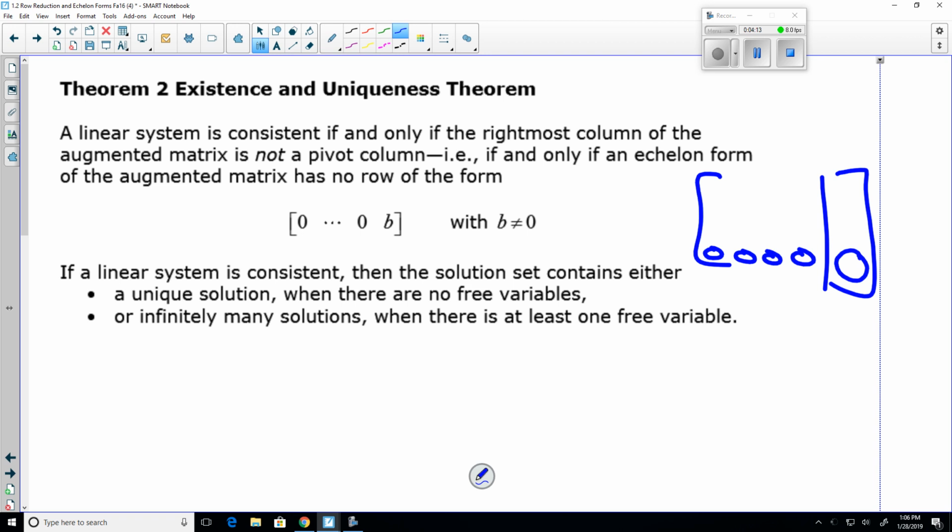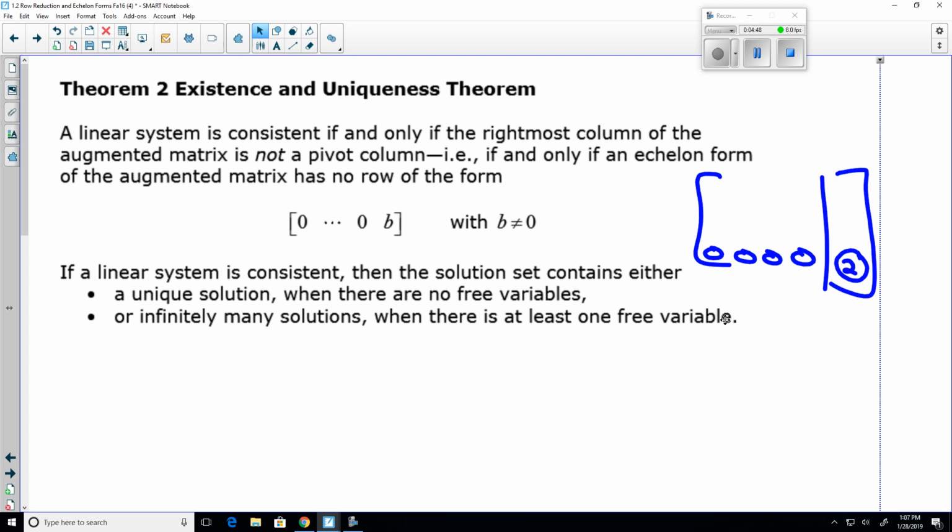If it's not augmented, you keep going all the way. If it's augmented and that last column ends up being a pivot column, then you have no solution. Because that would mean this entry would be the first non-zero entry of that row. And if this is non-zero, like 2 or something else, then you get no solution. Okay? So that's what this means. So I've got a row that has all zeros until the very end, and that guy's not zero. So that means no solution.